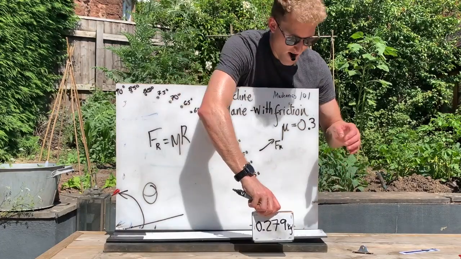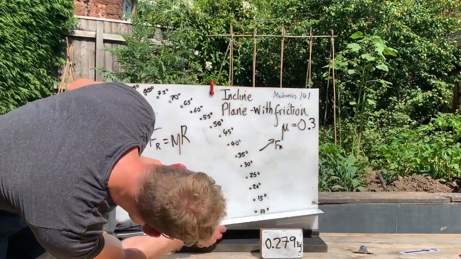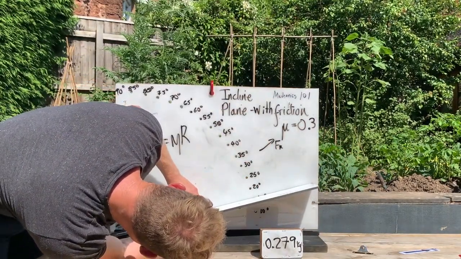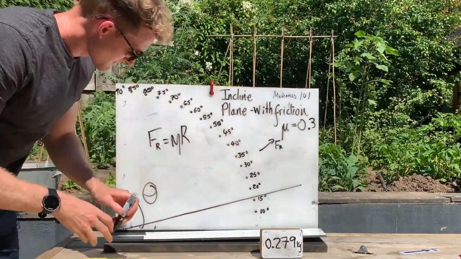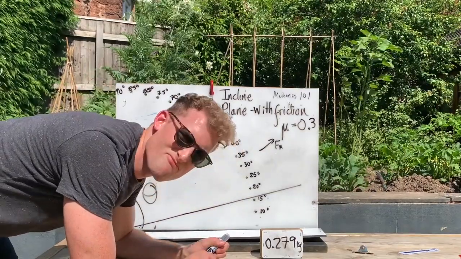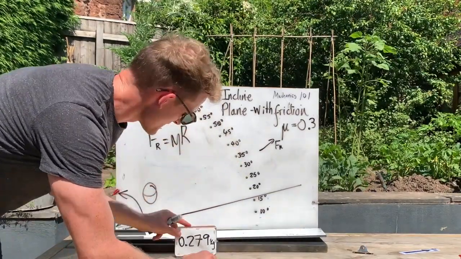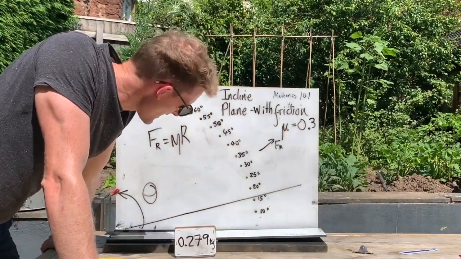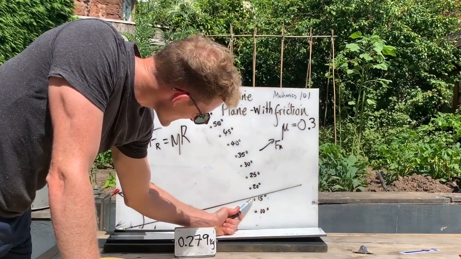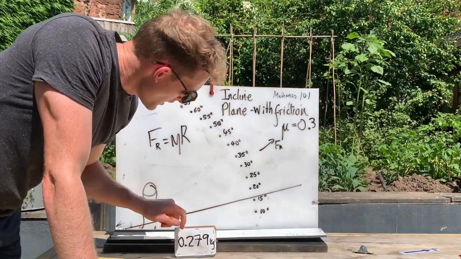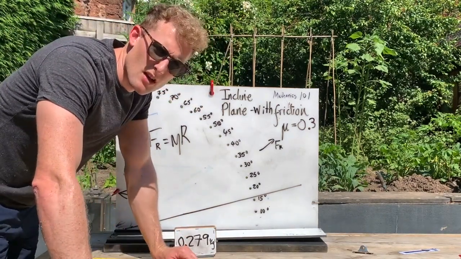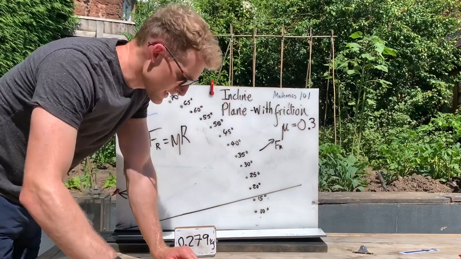Okay, how's that accurate? Okay, so using my brilliantly accurate method, I've decided that it's a little bit above 15, so we'll call it 16 degrees. Okay, so we're going to work out what the coefficient of friction is.